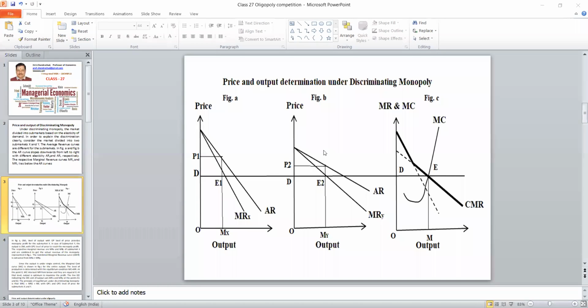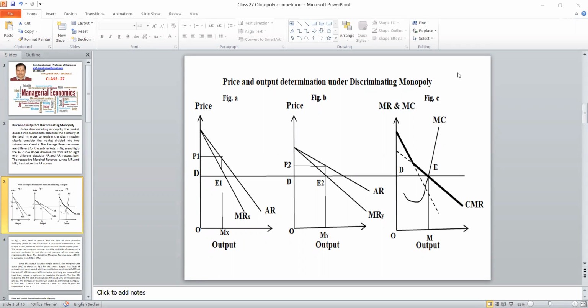So in simple terms, if you take only figure A, it is called a simple monopoly. When there are more submarkets and we combine those markets and add the revenues, it is called the combined marginal revenue. That combined marginal revenue represents the discriminating monopoly's price determination.